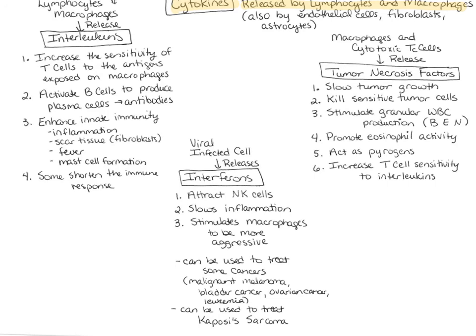But the ones I want to talk to you about right now are other cytokines, and most of them are produced by lymphocytes and macrophages. Some of them can also be produced by endothelial cells, fibroblasts, or astrocytes. But let's go through each one of them. You're going to end up hearing about these at some point.